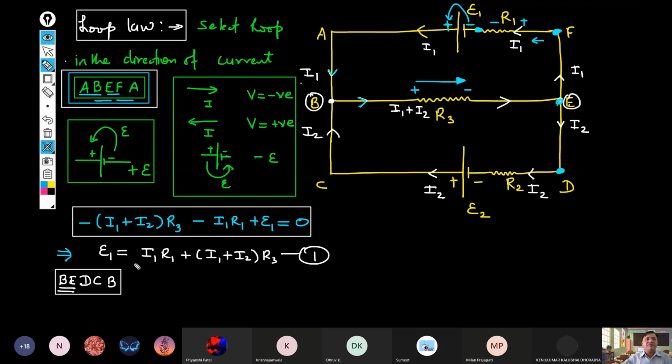Now you tell me for this loop B E D C B what shall I write for B to E first of all. साइलेंस छा गया मतलब ये भी। Are you responding or not?